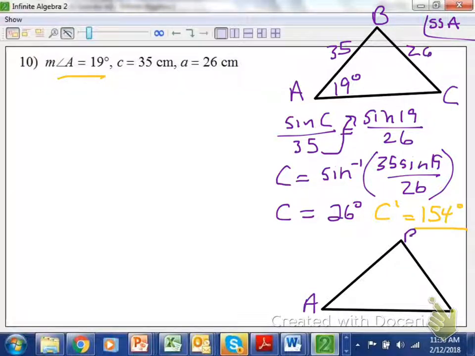A, B, C. Label what was given, 19 degrees, 26, 35, the same given information. We found that this angle up here for C was 26 degrees, and our C prime angle is 154.